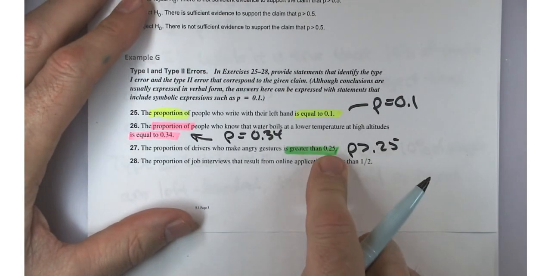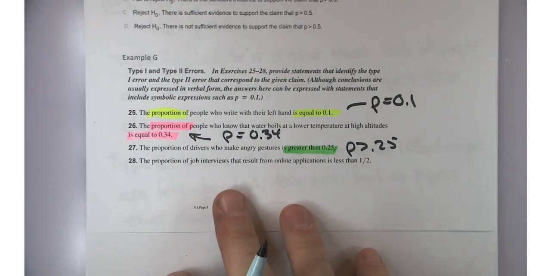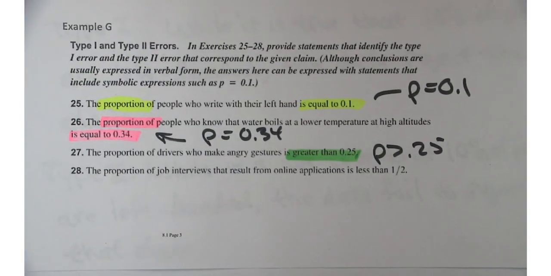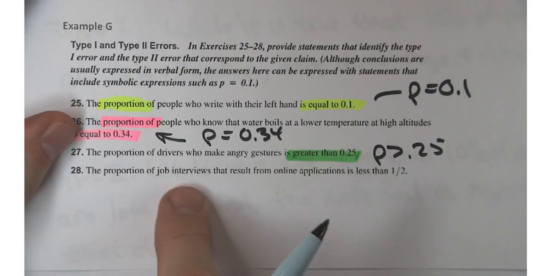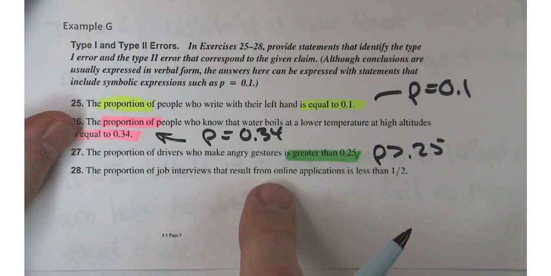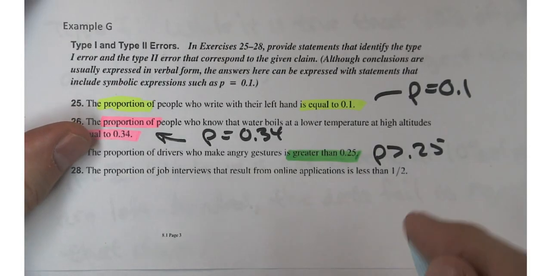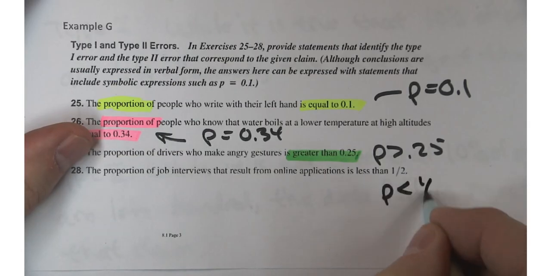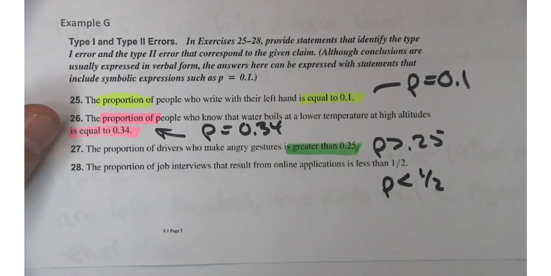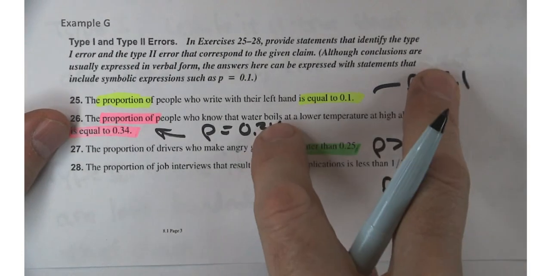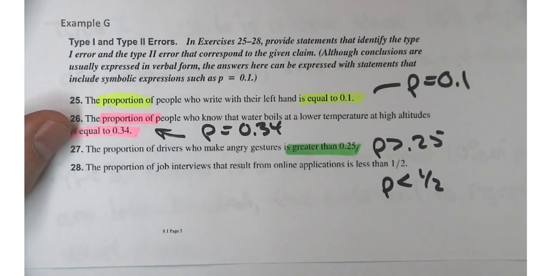I would definitely say that one's true, at least based on my own experience. Proportion of job interviews that result from an online application is less than 1/2. So that'd be P is less than 1/2. So there'd be all your statements. Those first two are going to be part of the null hypothesis. The second two are going to be part of the alternative hypothesis.